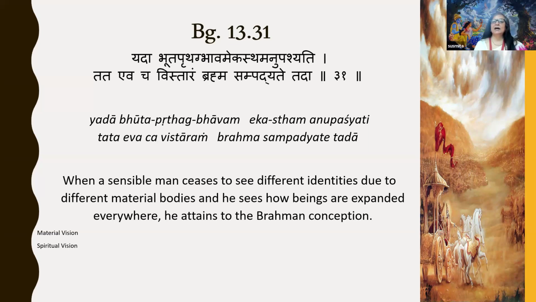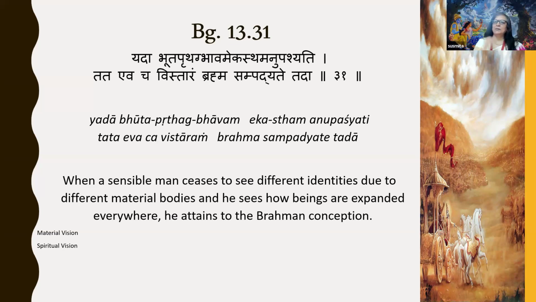So Krishna says, yada, when bhuta prithak bhavam, bhuta is living entity, prithak bhavam, in different forms, and in that ekastham anupashyati, when you see them as one, that you are seeing that there is only one, tata eva cha vistaram, and you see that finally it is all the super soul, and everything that we see is a vistar, an expansion of that.